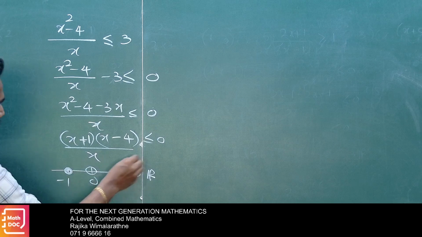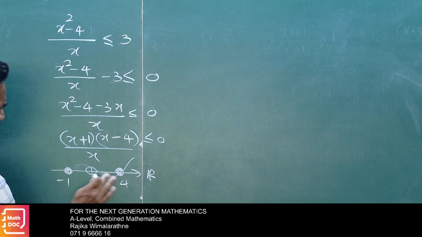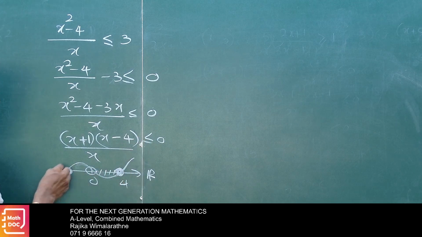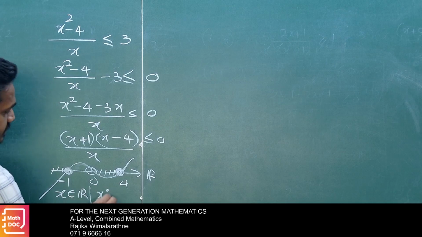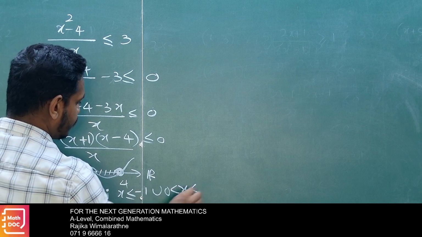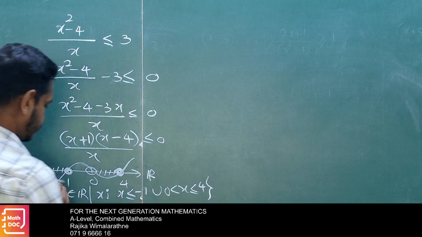Remove the denominator zero. Then the negative region is here and here. So x element of the real numbers such that x less than or equal to minus 1, union x between 0 and 4 with equal to 4.